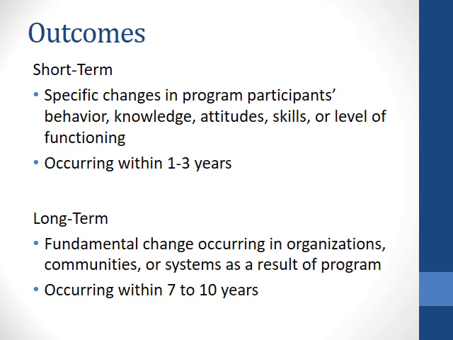Long-term, 7 to 10 years out, is a fundamental change in the organization, the system, or the communities as a result of the program. So that's the impact, long-term speaking. You have to come up with both a long-term outcome and 2 short-term outcomes.